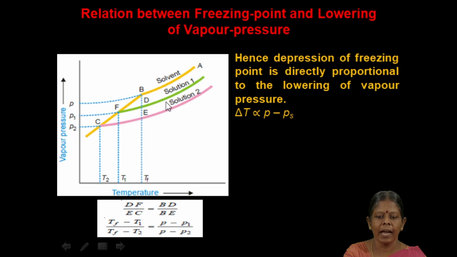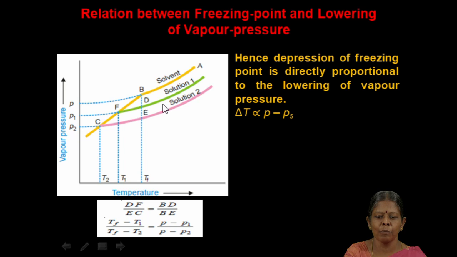But when you add a little amount of solute to it, it forms a solution. When the solution is cooled, at a temperature lower than this, it begins to reduce its vapor pressure. The temperature at which its vapor pressure begins to lower is called the freezing point of this solution.